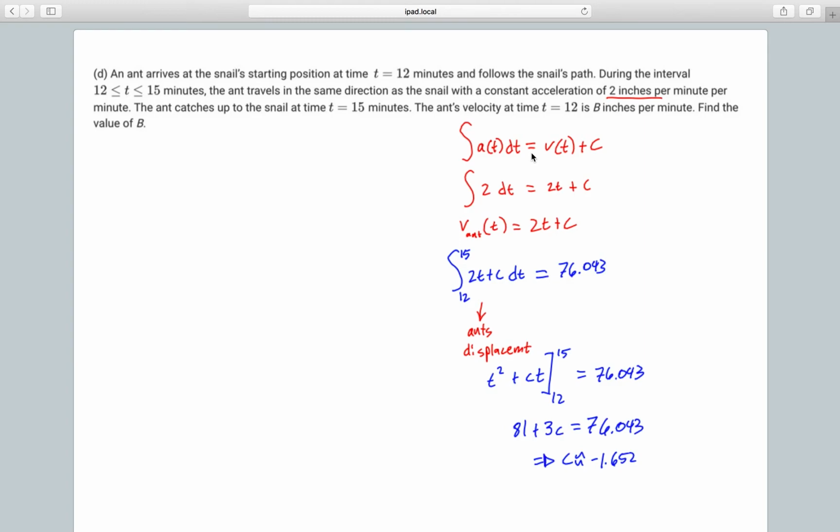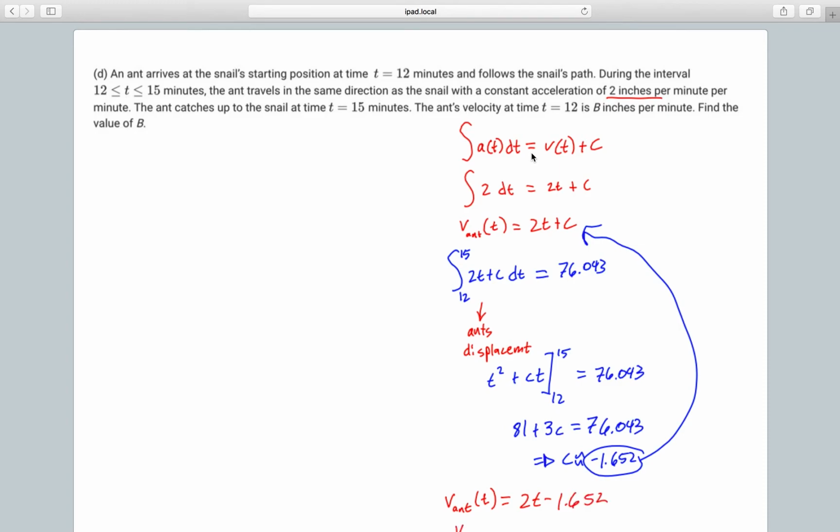All right, now we're ready to fill in my velocity, right? Now I've solved for the c in my velocity function. So now I can say that the true velocity of the ant at any time t is 2t minus 1.652.